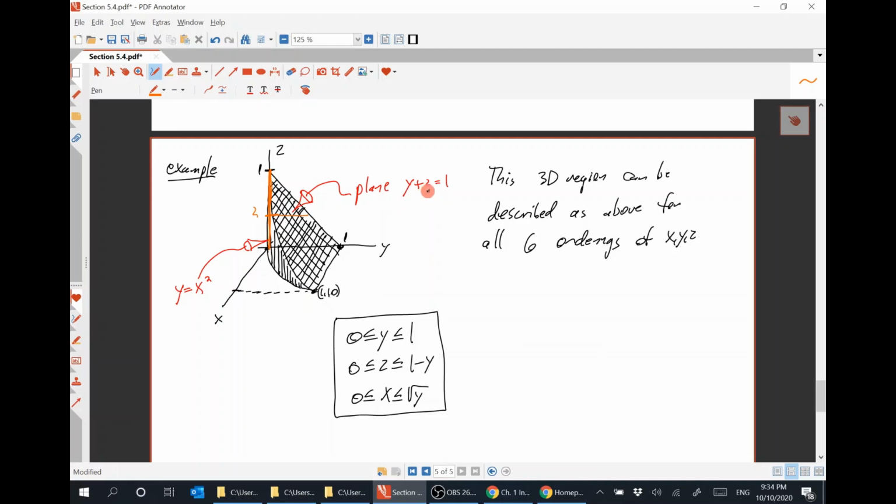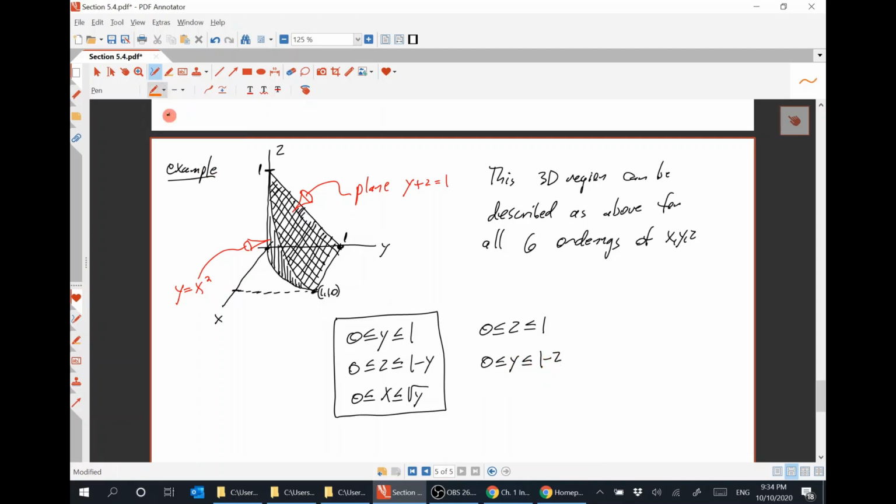Y goes from 0 to 1 minus z. So 0 less than or equal to z less than or equal to 1. 0 less than or equal to y less than or equal to 1 minus z.